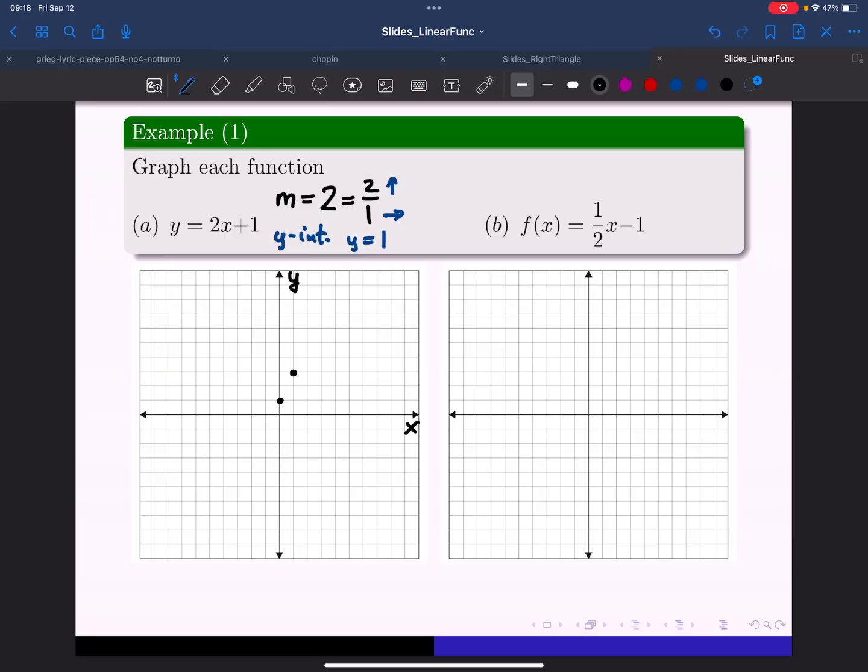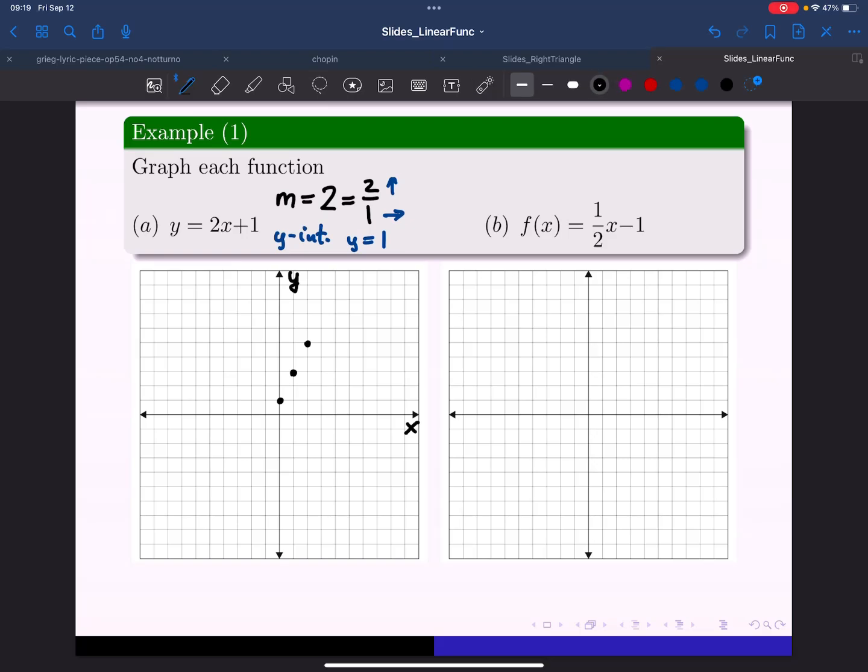So it's right here. Then we can proceed the same way. From this point we're going 2 units up and 1 unit to the right, so 1, 2 and 1 unit to the right. So another point is right here. And the same way we could keep going, 1, 2 and 1 to the right.